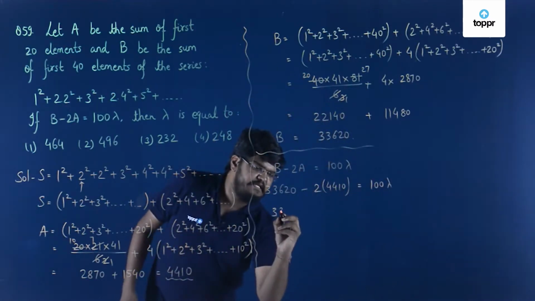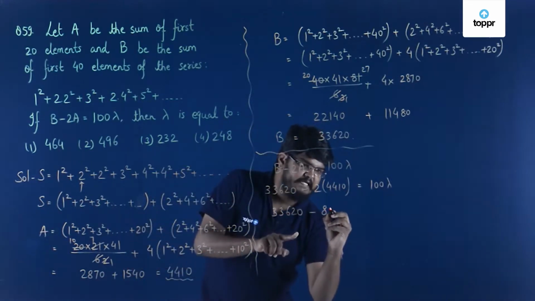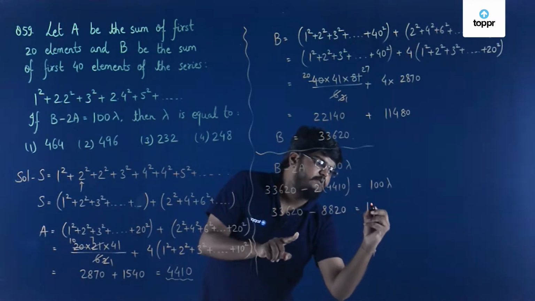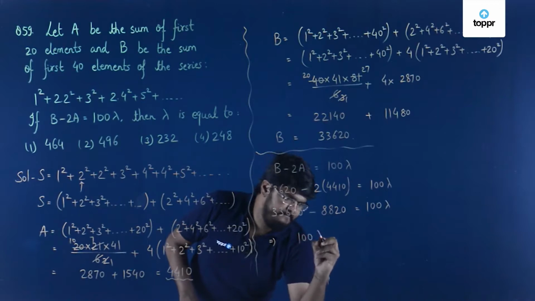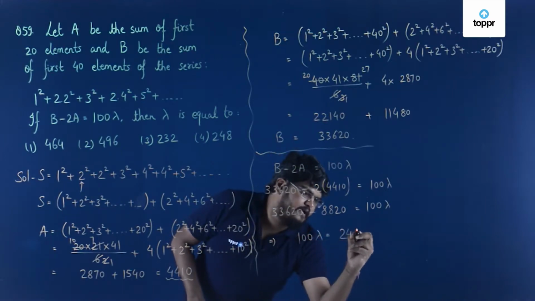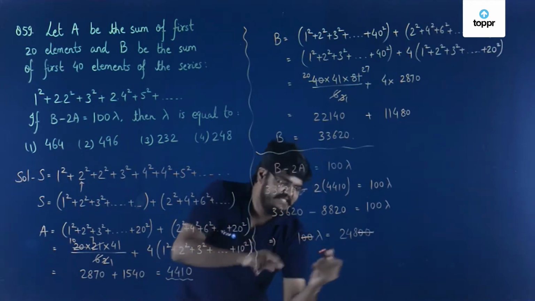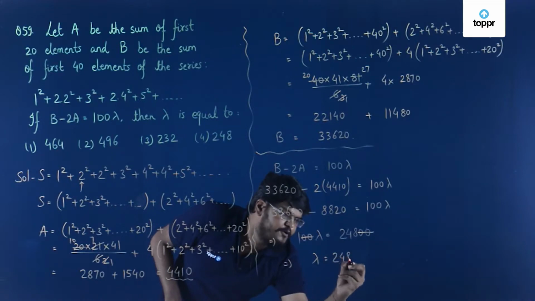So this will be 33620 minus 8820 is equal to 100 lambda, or you can say that 100 lambda is equal to 24800, and since, well, 2 zeros will cancel out these 2 zeros, this implies that the value of lambda is 248.